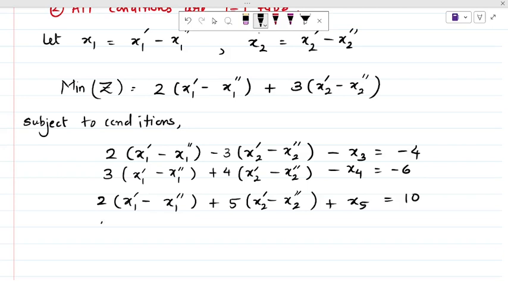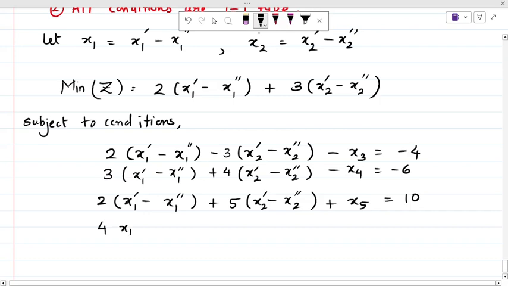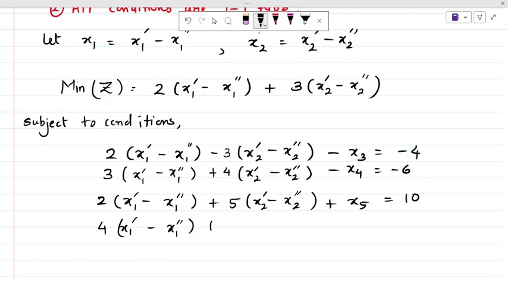And here it is 4x1' - x1'' - 3x2' - x2'' + x6 = 18.